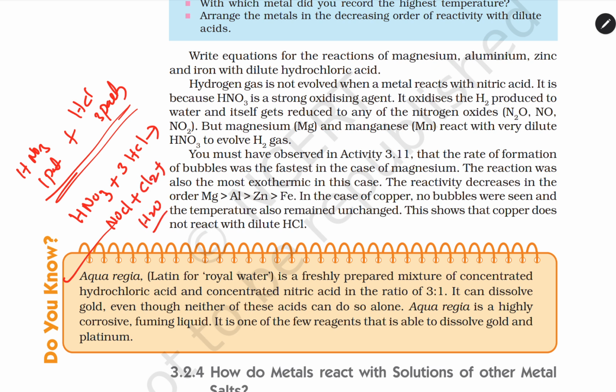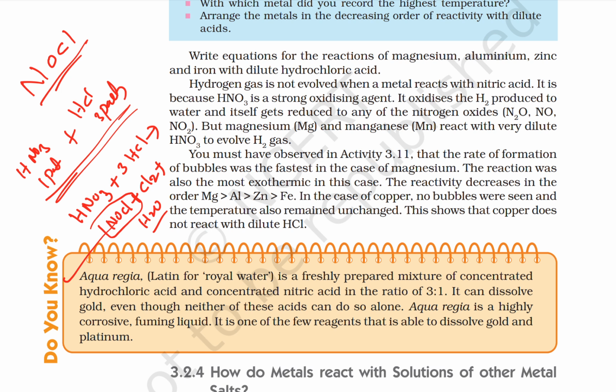This reaction produces chlorine and nitrosyl chloride. NOCl is known as nitrosyl chloride, which helps dissolve noble metals. This nitrosyl chloride will dissolve the noble metals also, and this is known as aqua regia.